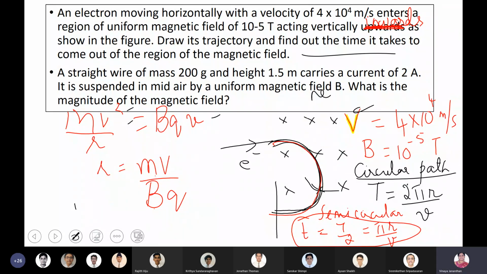Boys, can you do this? Yes, ma'am. What is the value of R? Ma'am, T into V by 2 pi.